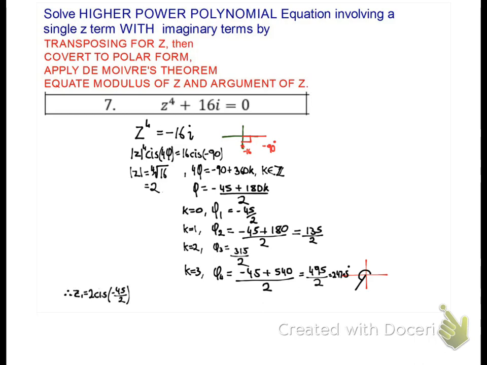Put all your complex number solutions together with the modulus cis of the argument as your last line. There's all our solutions, and of course we can evaluate them on the CAS to get the Cartesian form of the numbers. Okay, and we're done.